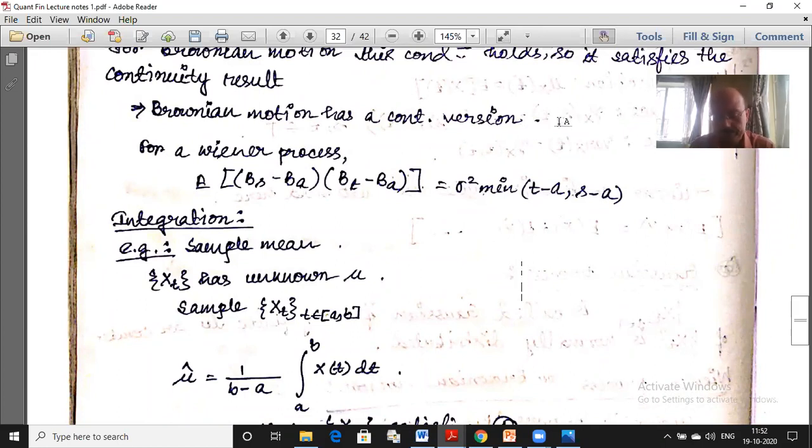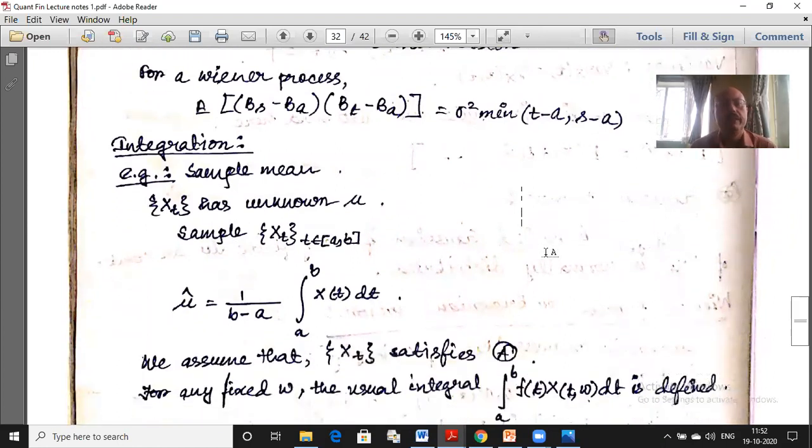All right. So what is a very natural occurrence of integration in statistics? If you are looking at continuously recorded data, so data that is recorded continuously in continuous time, then a sample of that data will be x_t in some interval a to b.